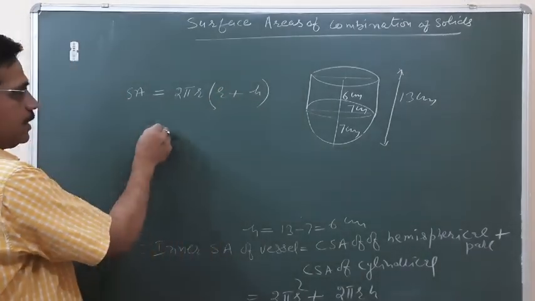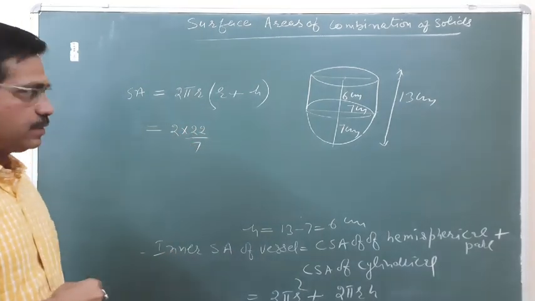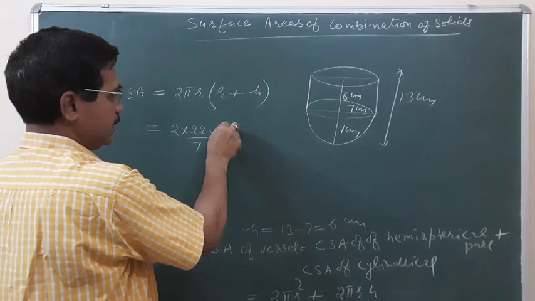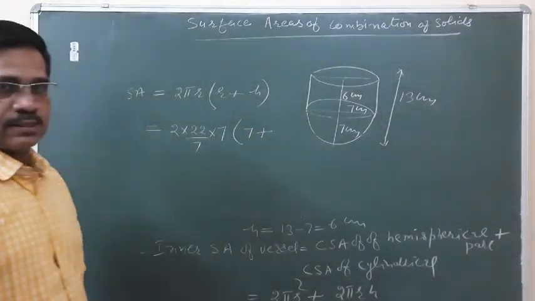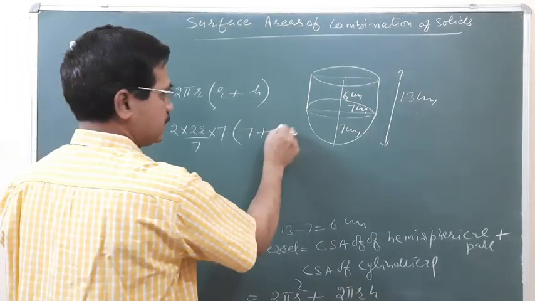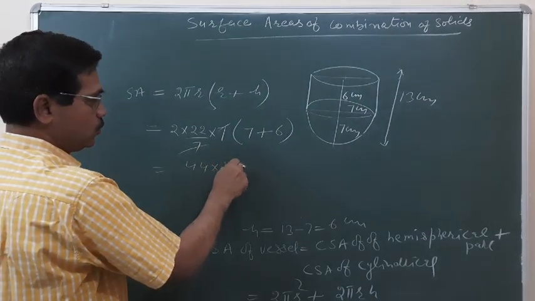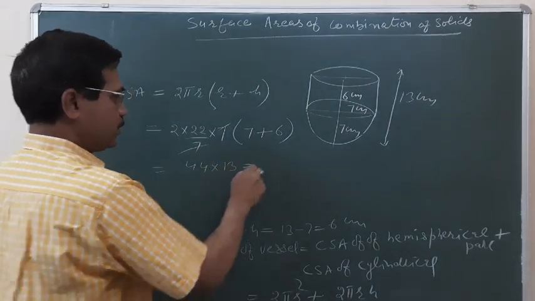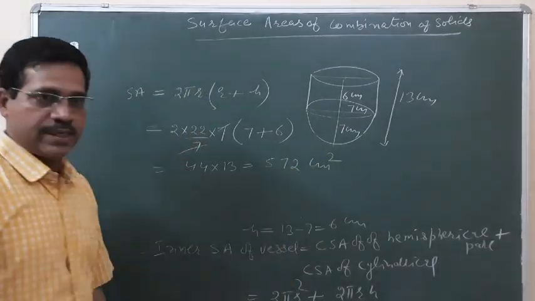Now put the values of r and h. 2 pi, 22/7, r radius 7, h height of the cylindrical part 6, 7 cancels with 7, 44 into 13, which is equal to 572 centimeter square.